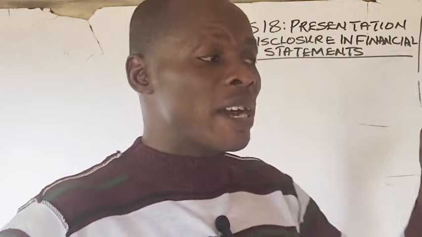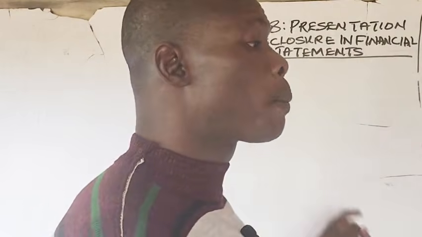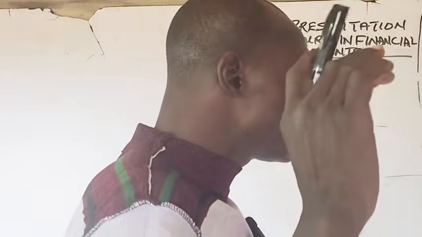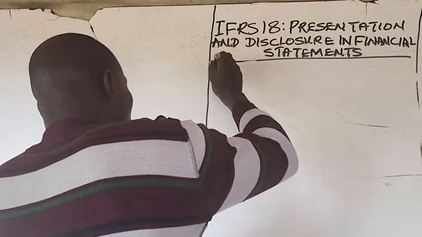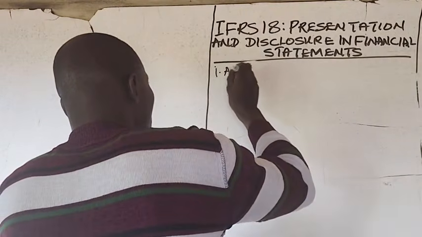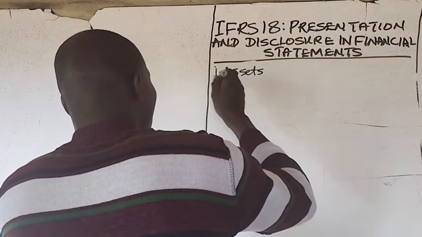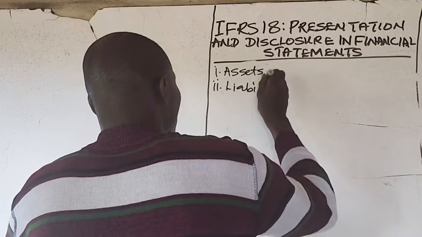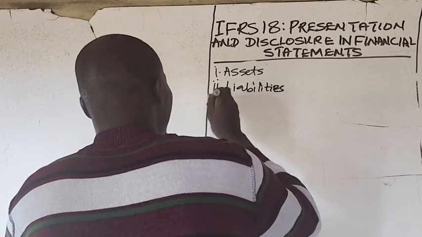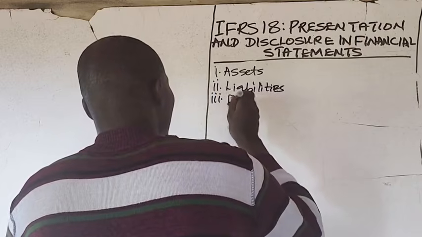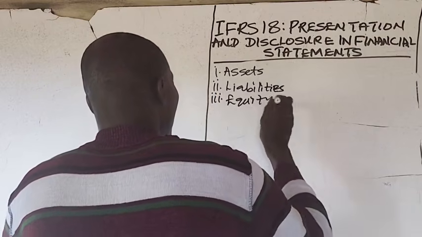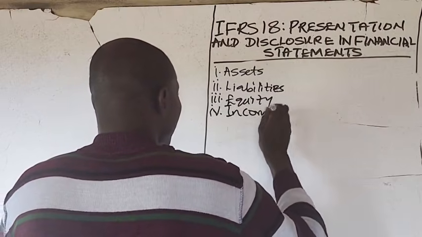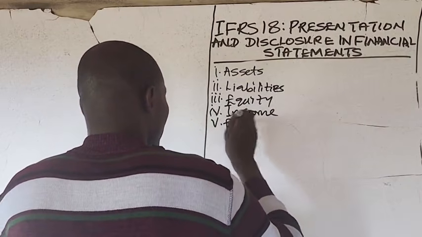The purpose of financial statements is to provide the users with information about an entity's assets, liabilities, equity, income, and expenses.